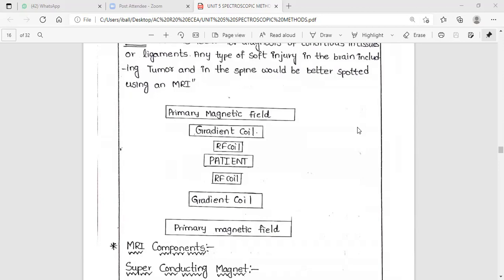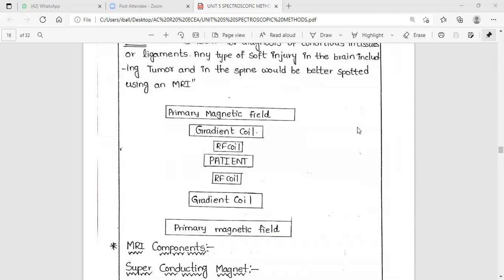Then Raman spectroscopy or rotational spectroscopy contains lower energy. Now the last classification, magnetic resonance spectroscopy. Compared with ultraviolet, infrared, and Raman spectroscopy, the energy of magnetic resonance spectroscopy, or the magnetic radiation, is very little.